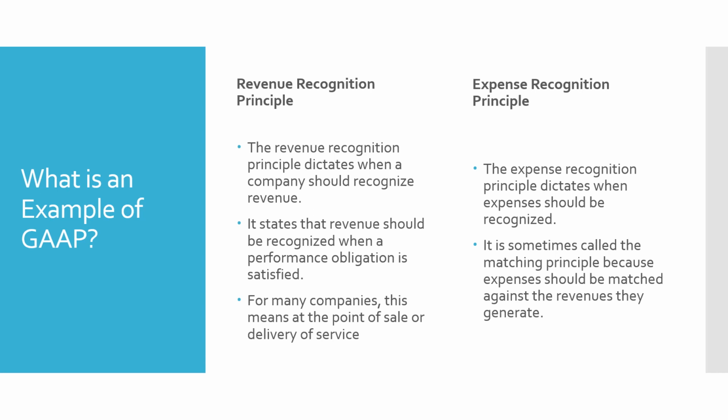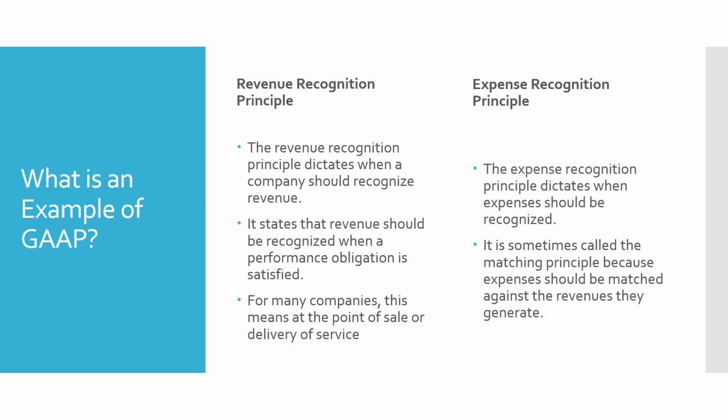Another example of GAAP is the expense recognition principle. So in talking about my Target sale in the previous presentation, I said that at the same time that you recognize the revenue from the sale, you would also want to recognize the expense, or Target's cost of the goods that they sold.